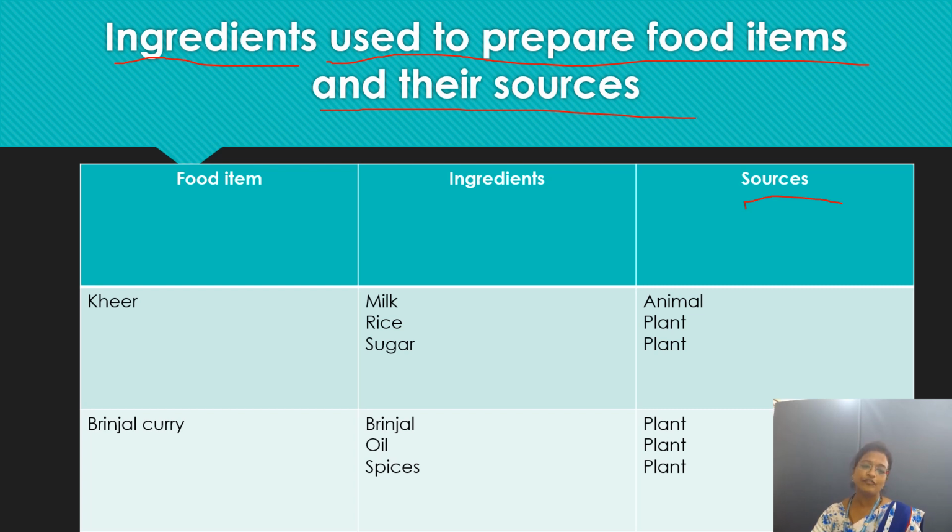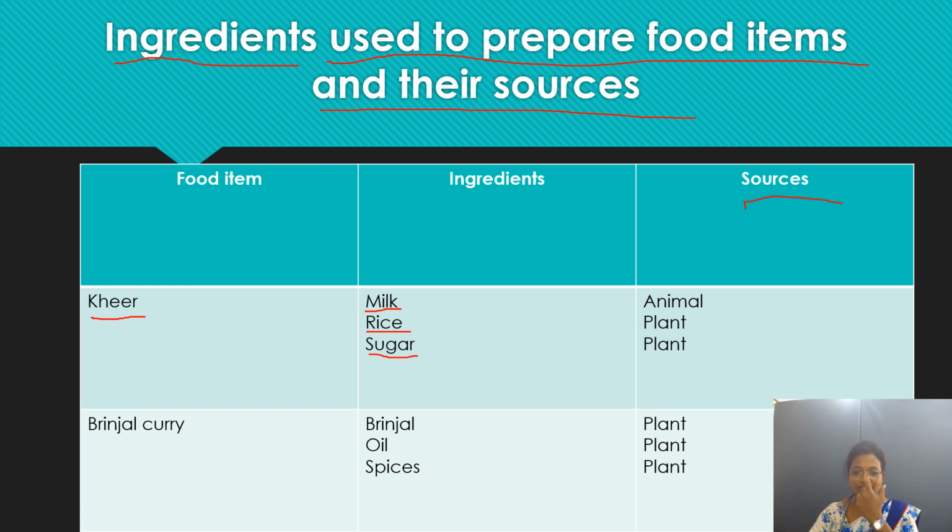So the first food item I took is kheer. To prepare this kheer, what are the ingredients we need? We need milk, rice, and sugar. What do we call these materials? These are the ingredients to prepare a dish, which is kheer. Now let us see from which source we get these ingredients.